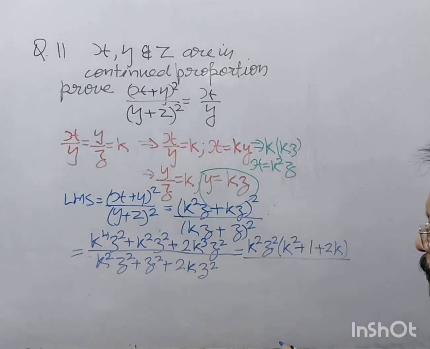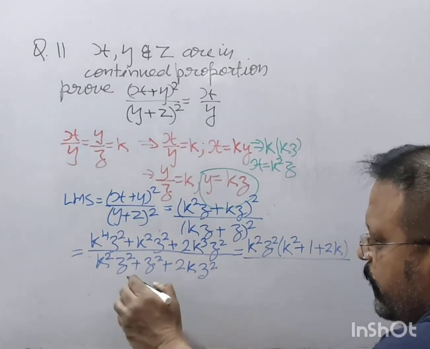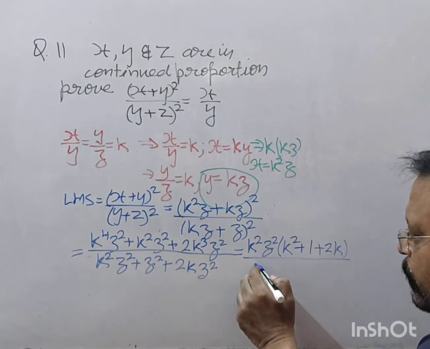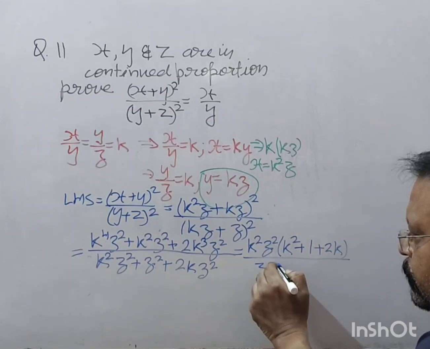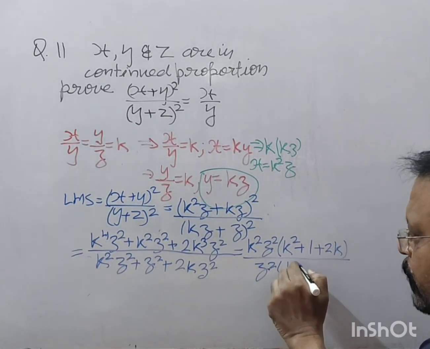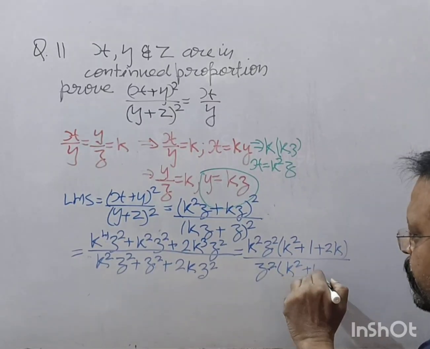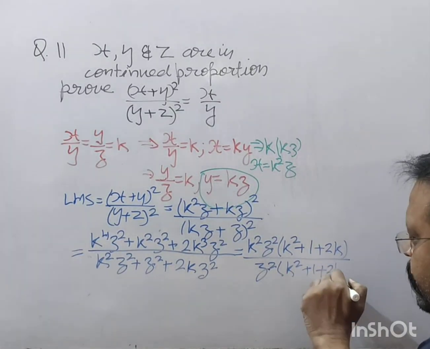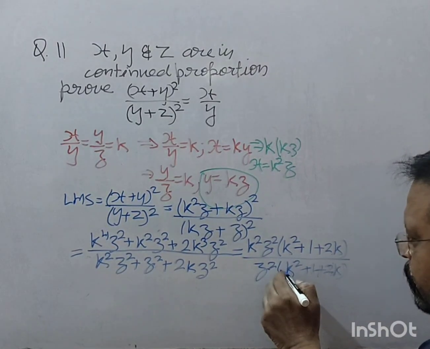If I take z square from here, it is common, then it becomes k square plus 1 plus 2k, right?